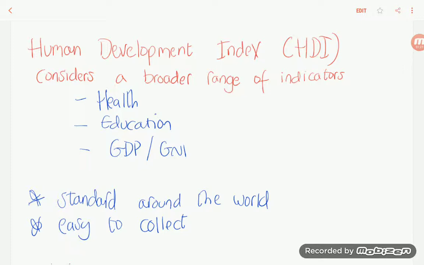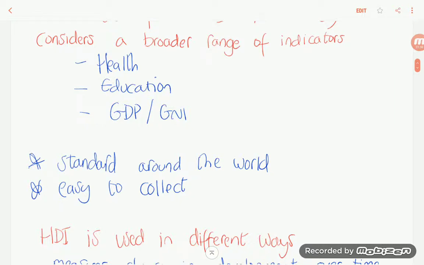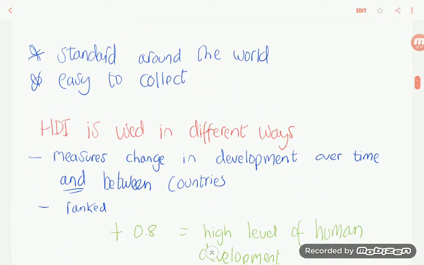The HDI combines indicators in three equally weighted sections: health, as measured by life expectancy; education, as measured by average and expected years in school; standards of living, as measured by real GNI per capita, using the principle of purchasing power parity. These figures are used because they are fairly standard around the world and relatively easy to collect.